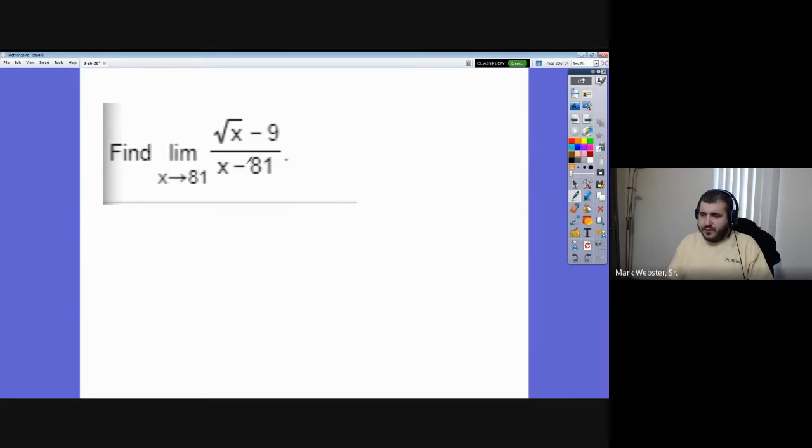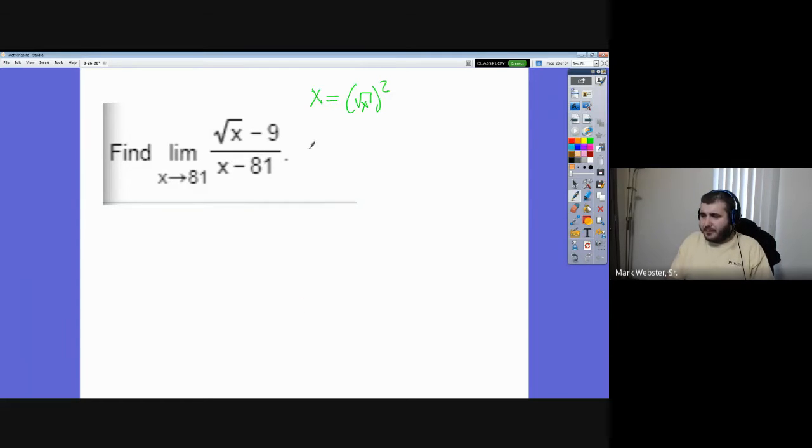What is going on with this one? Oh my God. How do I simplify this? Well, this technically on the bottom is a difference of squares. X is radical x squared. Right?